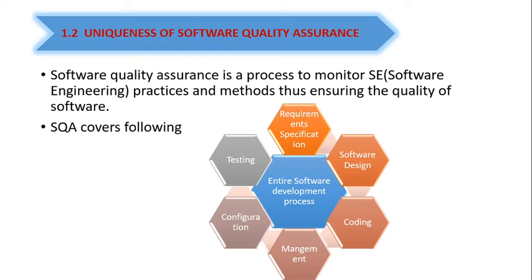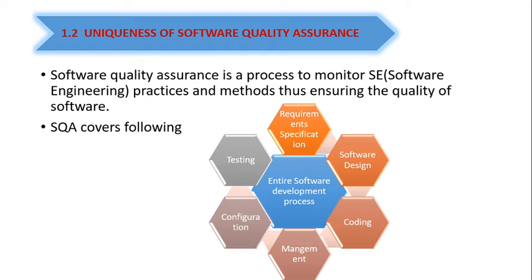Then configurations. Configuration is releasing the new versions of a software. And the last one is testing. Testing is the most important part of the software quality assurance process.